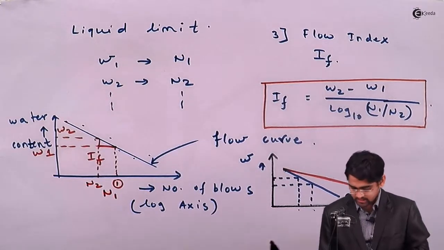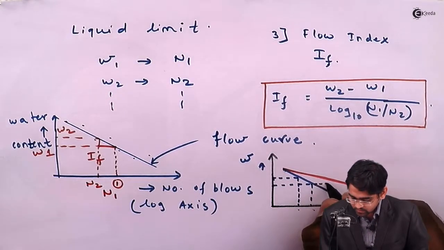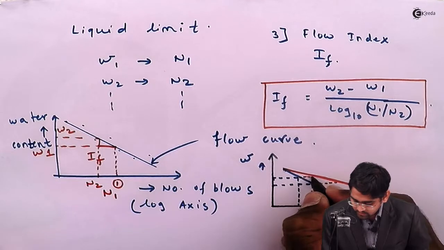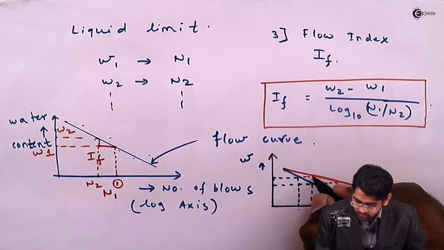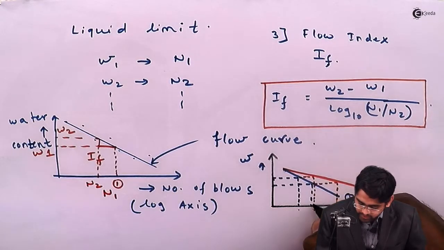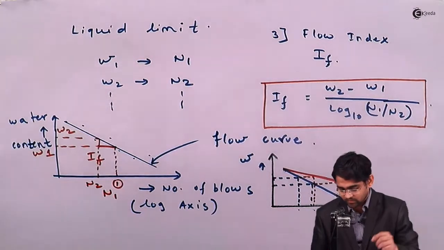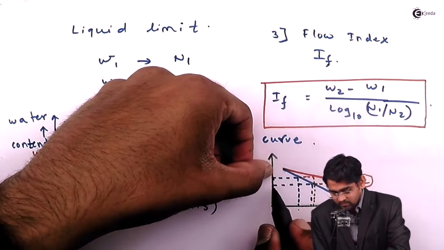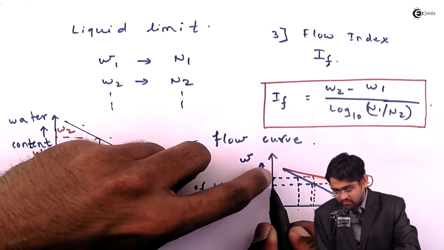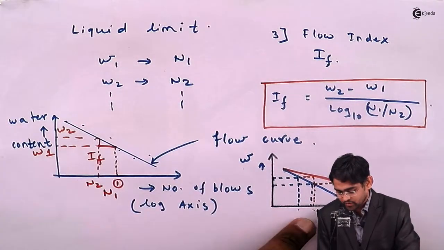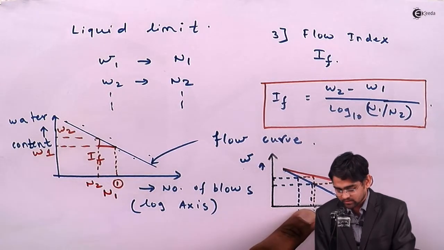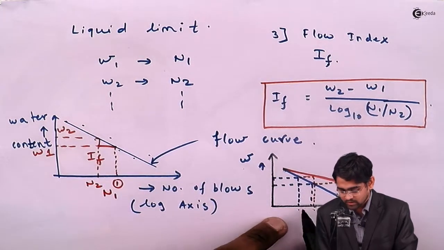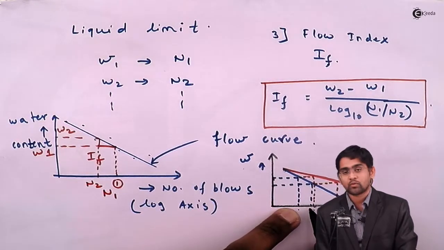If I extend the same into the second curve, and if I just drop it down and calculate number of blows, then by decrease in the same amount of water content, you got an increase in strength by much more amount than in the previous case number 1.